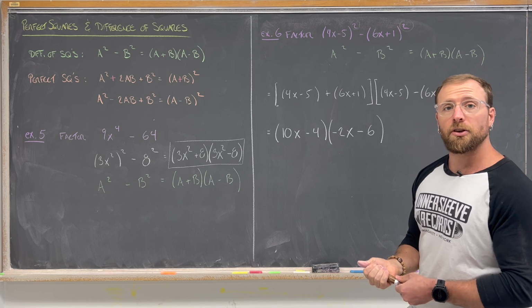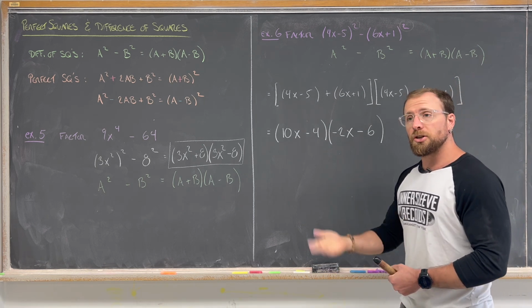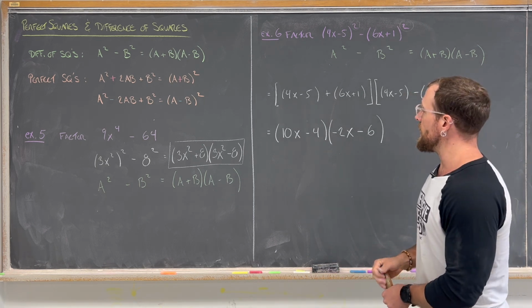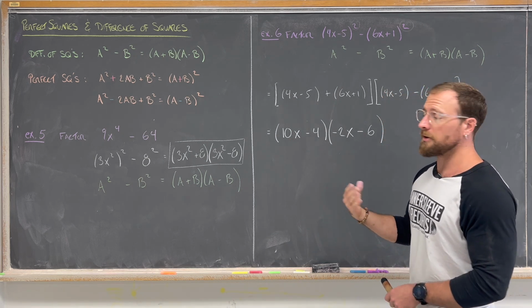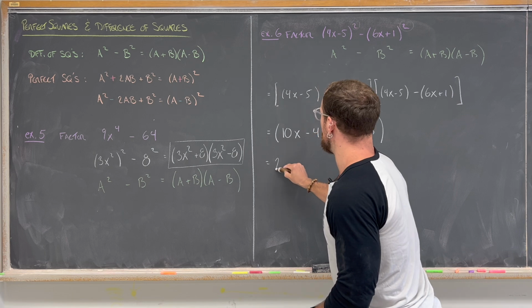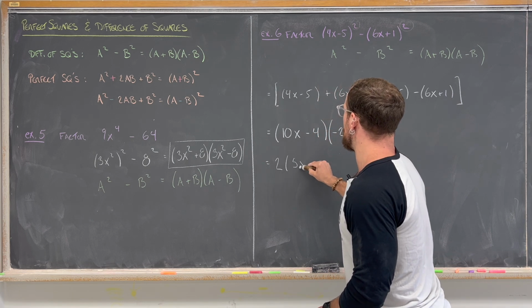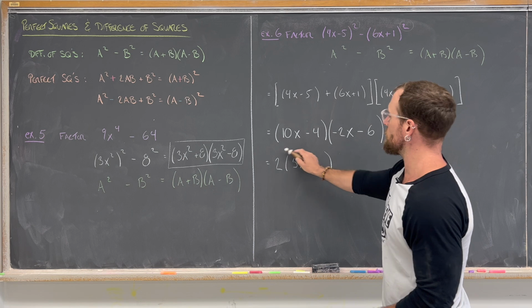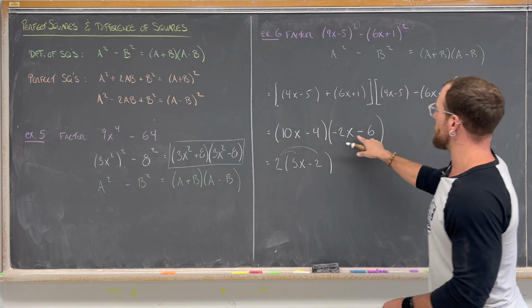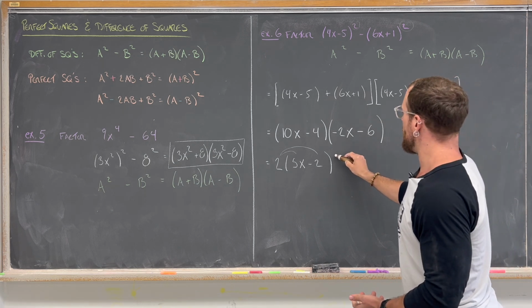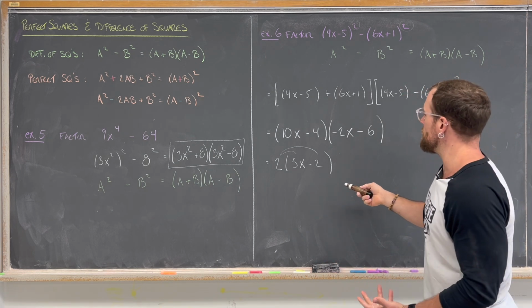The idea of pulling out the greatest common factor really should always be considered and never goes away. So just between 10x and 4, there is a common factor of 2. I could pull out a 2, and it would leave behind a 5x minus 2. Distributing that 2 recovers the original expression. And similarly over here, I could pull out a 2 or a negative 2. It really doesn't matter.